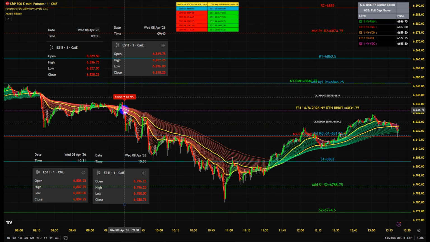Okay, so we have our 9:30 a.m. bearish close here confirmed by the ribbon. 9:30 a.m. close price 68.2825. We have a hit of the PML level.